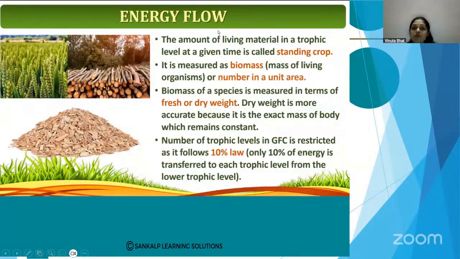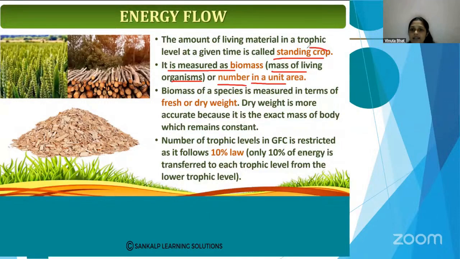The amount of living material in a trophic level at a given time is called the standing crop. So how much biomass is present is called the standing crop. It is measured as biomass, that is, the mass of living organisms, or number in a unit area.